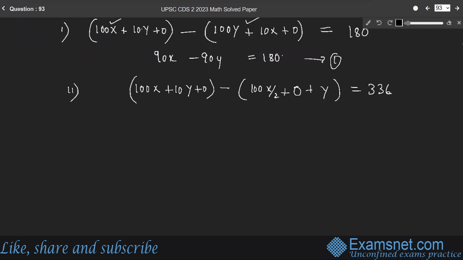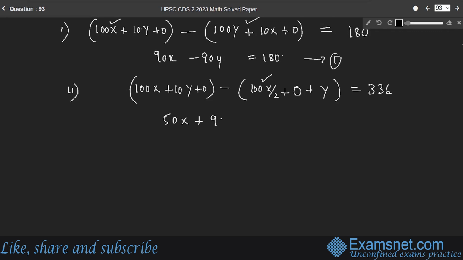So is this sufficient to answer? Here, 100X minus 100X by 2 becomes 50X. So 100X minus 50X means 50X, right? And 10Y minus Y becomes 9Y.